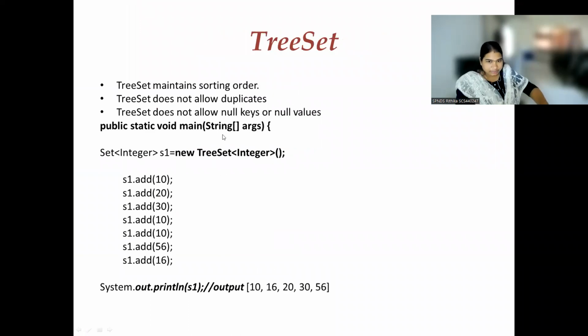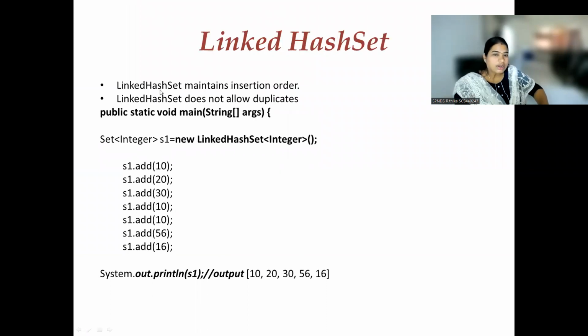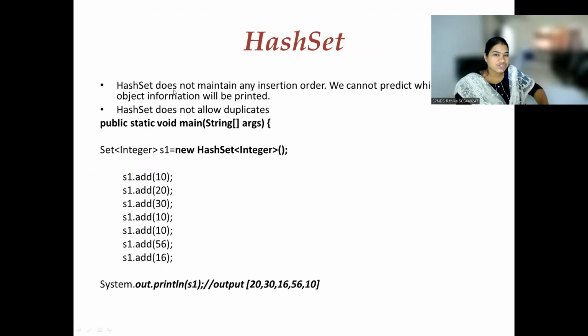Now TreeSet. Let me show you. LinkedHashSet maintains insertion order, and it does not allow duplicates. HashSet does not maintain any insertion order. We cannot predict which order the object information will be printed. HashSet does not allow duplicates.